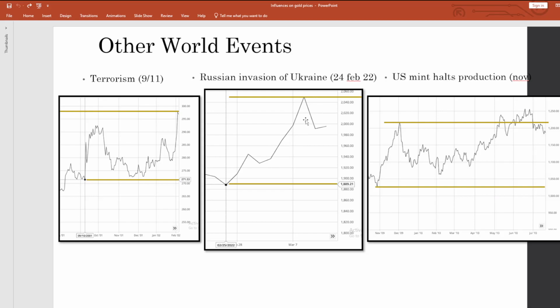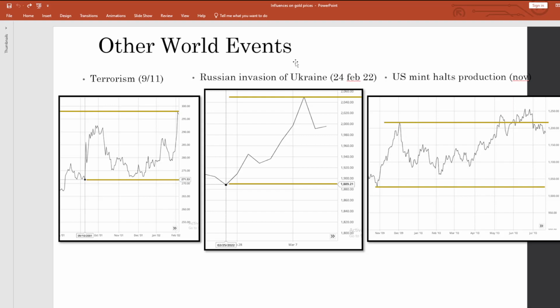Usually there's a lag after an event occurs, but over time the price does increase. Similarly, in the US, when the US Mint decided to halt production sometime around November, we can see that the price of gold again steadily goes up.